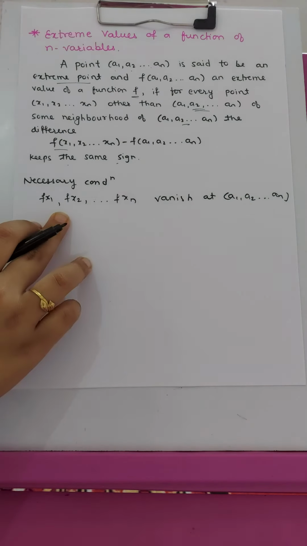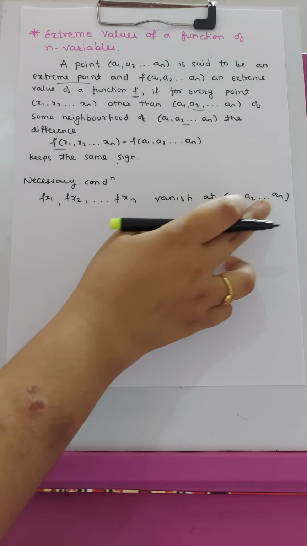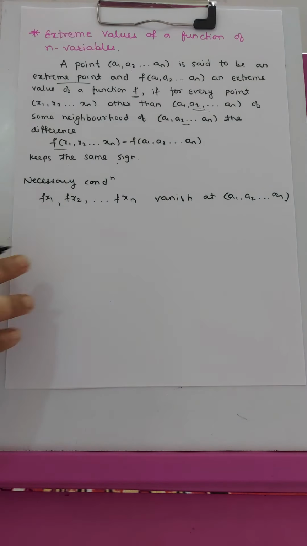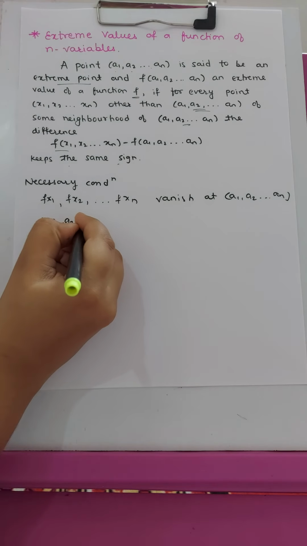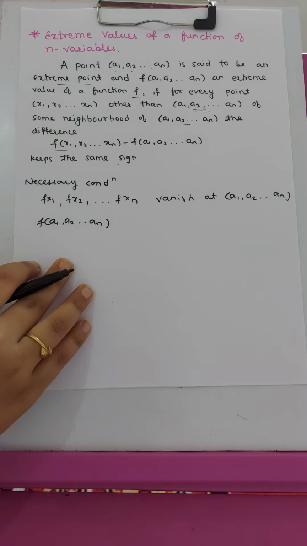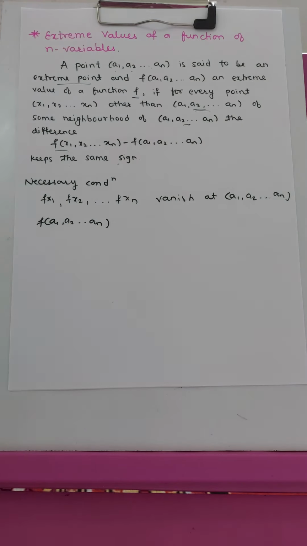Then we say that if the partial derivatives of the function vanish at a1, a2, an, then this f of a1, a2 up to an is said to be the extreme value of the function f.